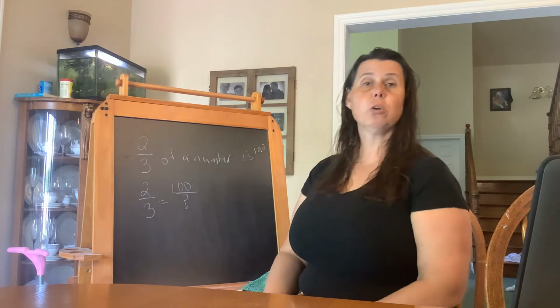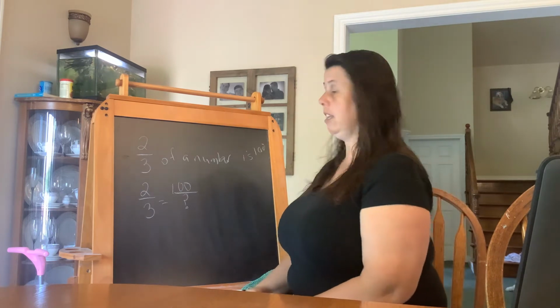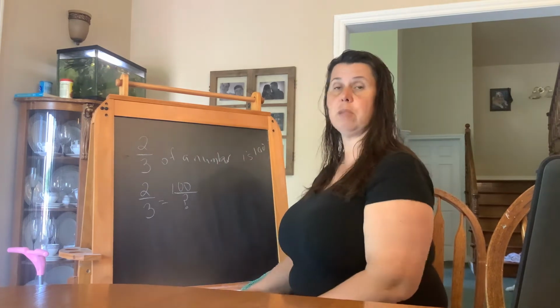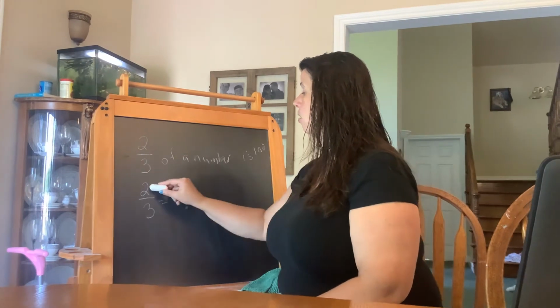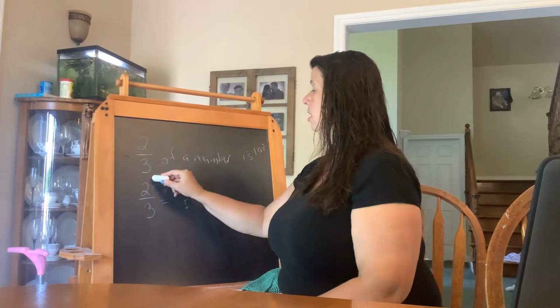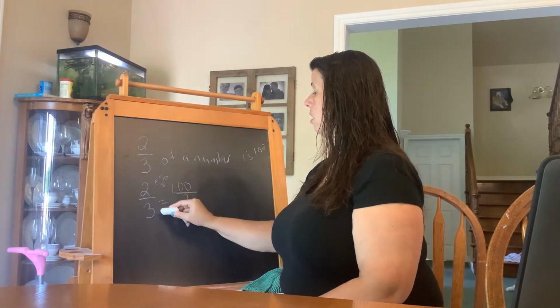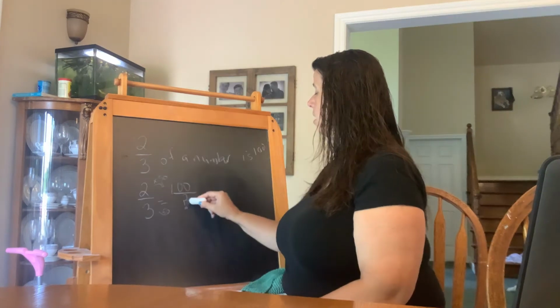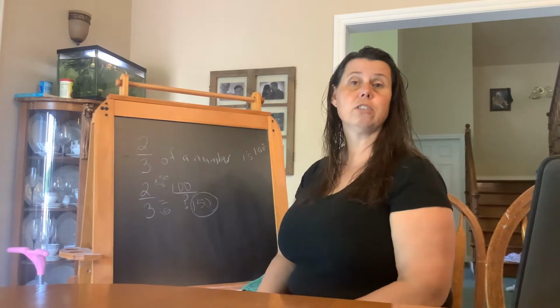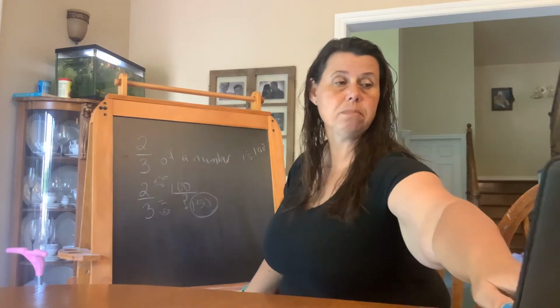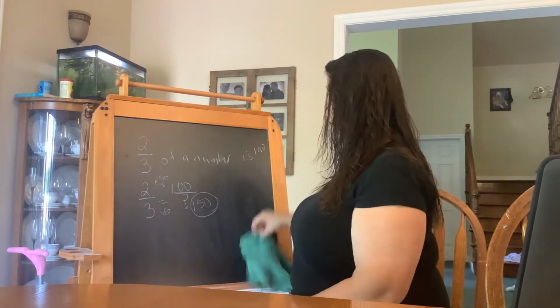So we can figure the out of what by doing the same thing we've been doing for months, finding the equivalent fraction. How do I get from 2 to 100? Times 50. 3 times 50? 150. So the whole number is 150. Let's try it on the question.